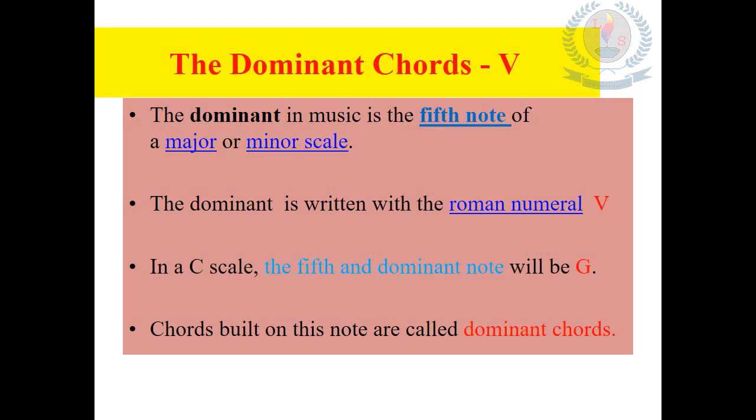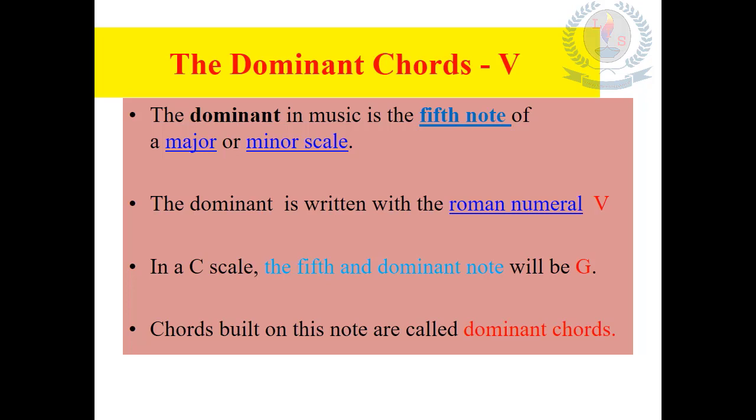Each note in a scale has a name that relates to its function and a number to indicate its position on the scale. The dominant in music is the fifth note of a major or minor scale. The dominant is written with the Roman numeral V, which stands for 5.